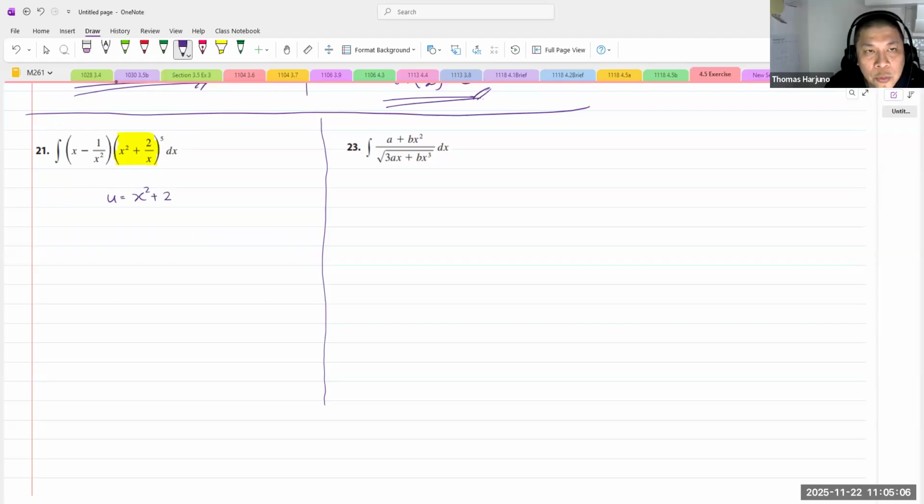Let me rewrite that as 2x to the negative 1 right away, such that the du becomes 2x minus 2x to the negative 2 in quantity dx.